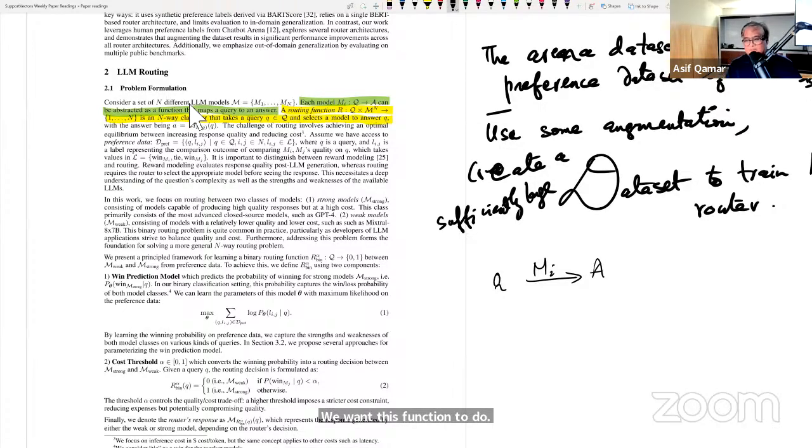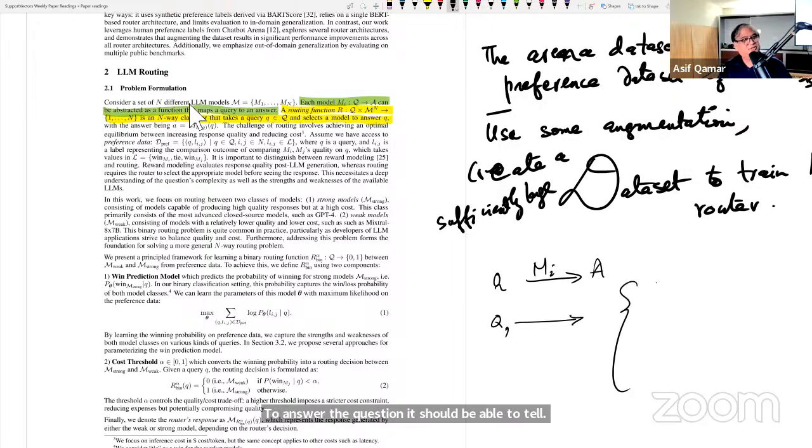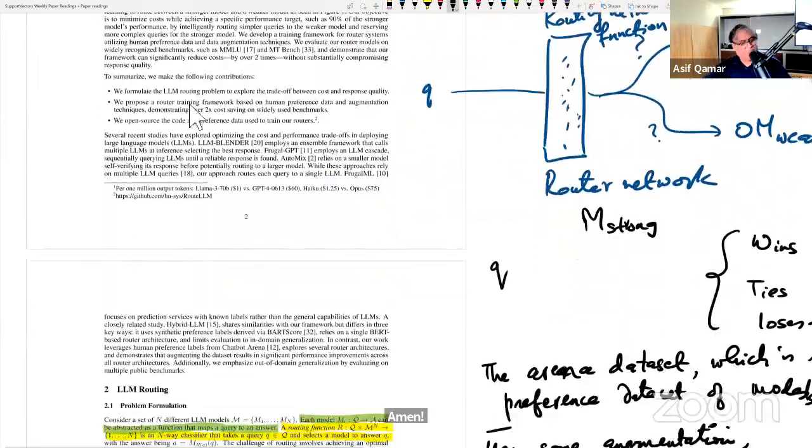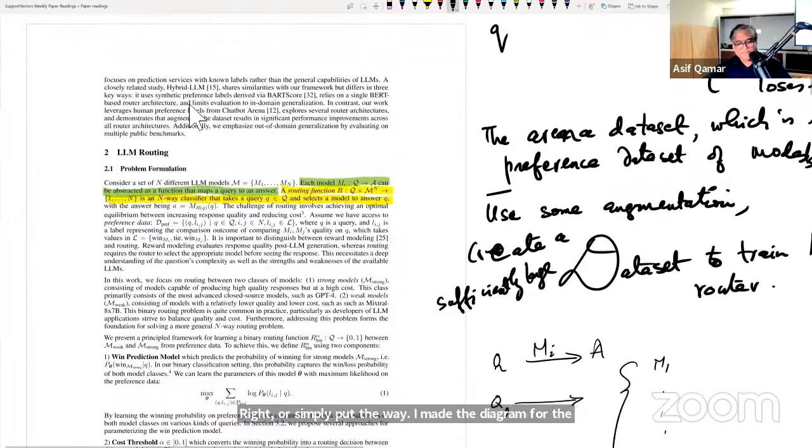Given a query, it should be able to tell which of these models, M1 to Mn, should answer the question. Or simply put, as in the diagram I made for the binary case, the strong model or the weak model.